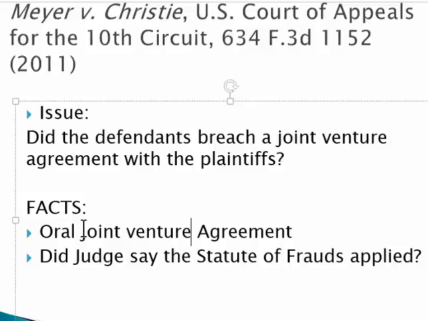So I'd like you to look at the facts that you're given in this case and look at the rules set out in the previous case in Terra Venture, 5 determining factors of whether a joint venture exists, and see that some of the factors are missing in the Meyer's case.